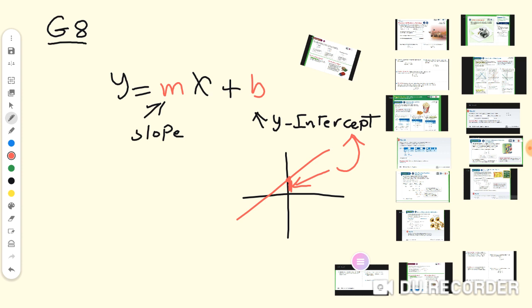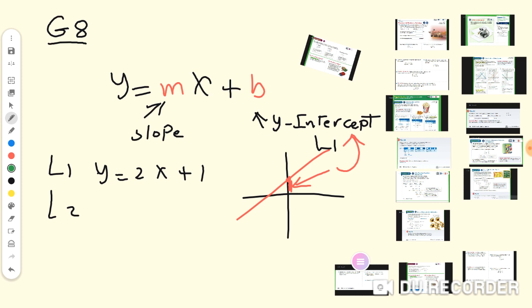If I have more than one linear equation, it's called a system of linear equations. So this is line 1, and its linear equation is maybe y equals 2x plus 1.